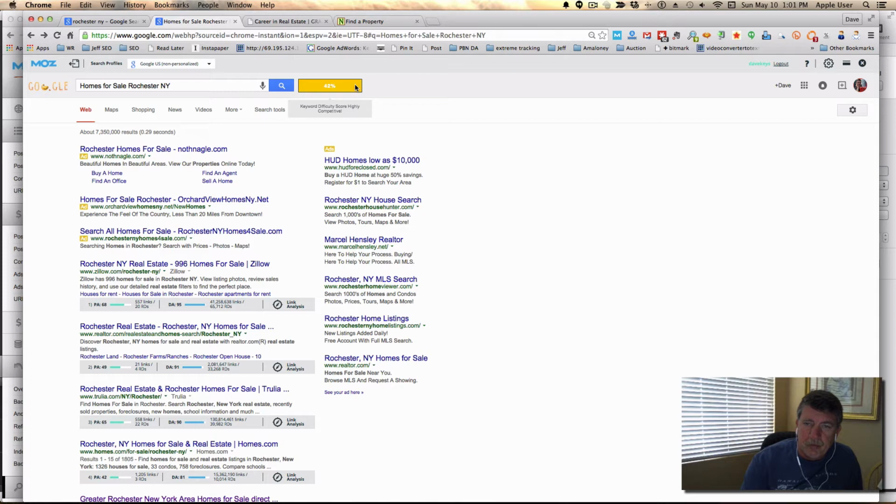I always look at Moz because Moz is an organization that has put a lot of effort and time, hundreds and hundreds of thousands of man hours into very good statistical analysis. The only thing you could get better is if Google would themselves divulge their statistical analysis of their algorithm and the components and core metrics of their algorithm, which they are not going to do. They don't want it tampered with any more than it already is.